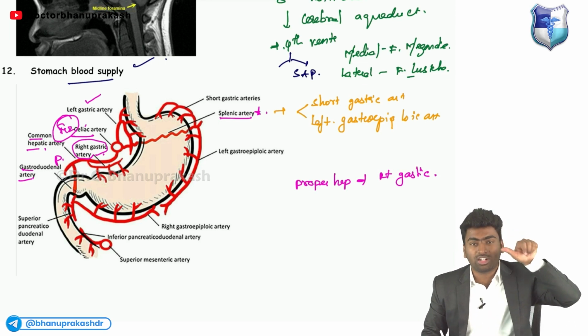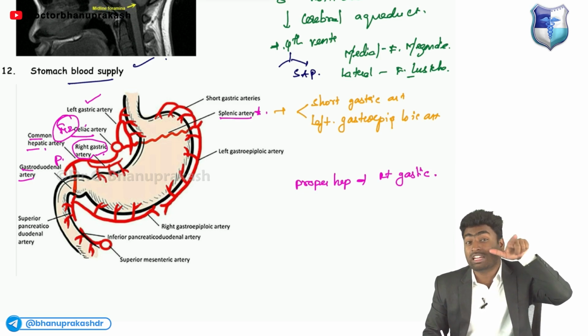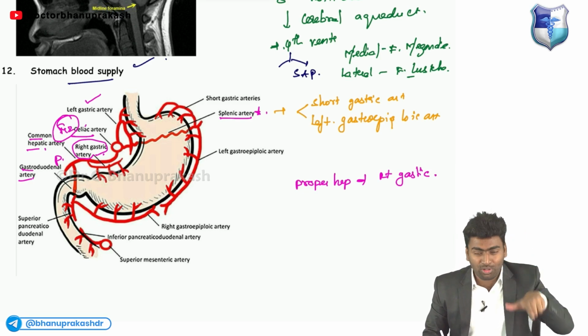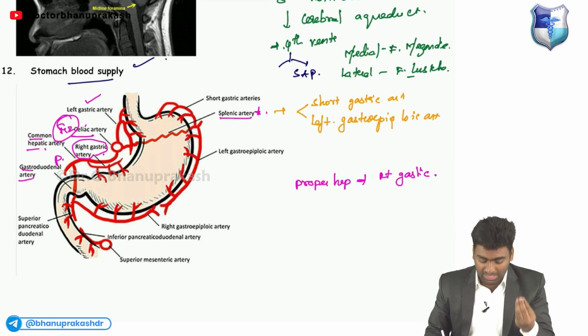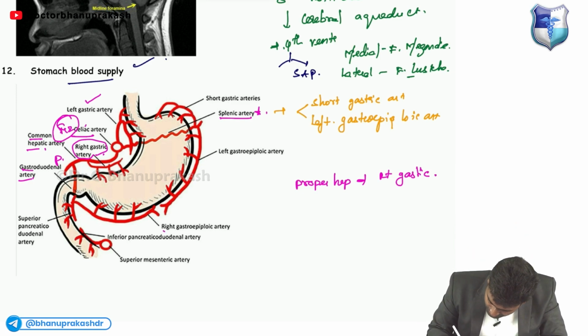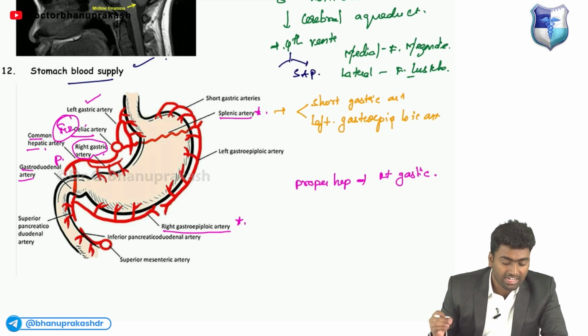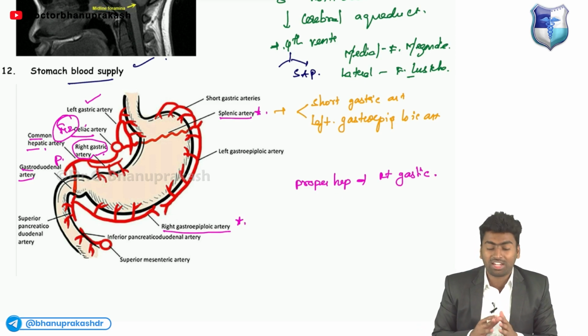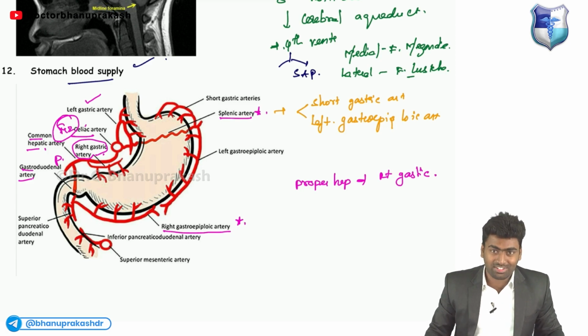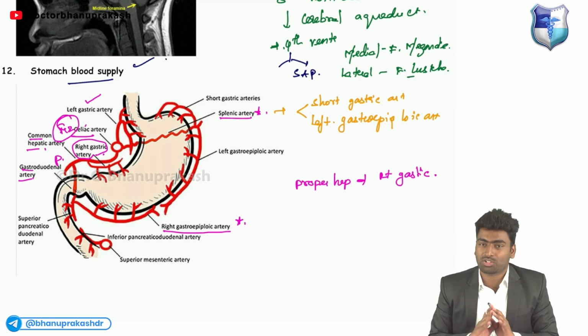The short gastric arteries and the left gastroepiploic artery are branches of the splenic artery, whereas the right gastroepiploic artery is a branch of the pancreaticoduodenal artery. They will ask you this question, and you should not make a mistake in it, because I have repeated this so many times, so don't make a mistake.